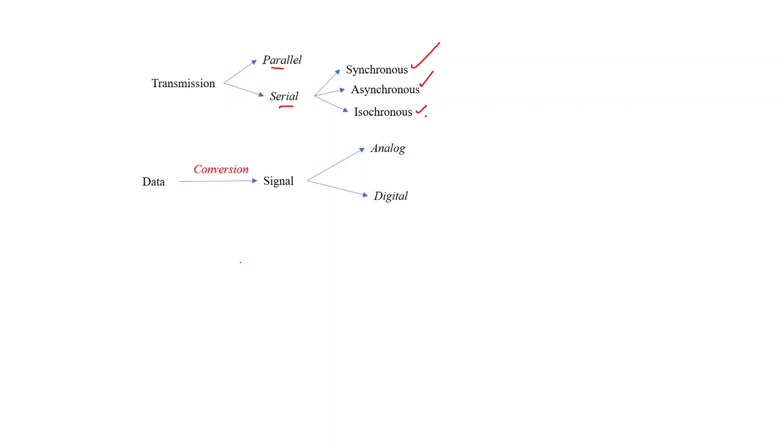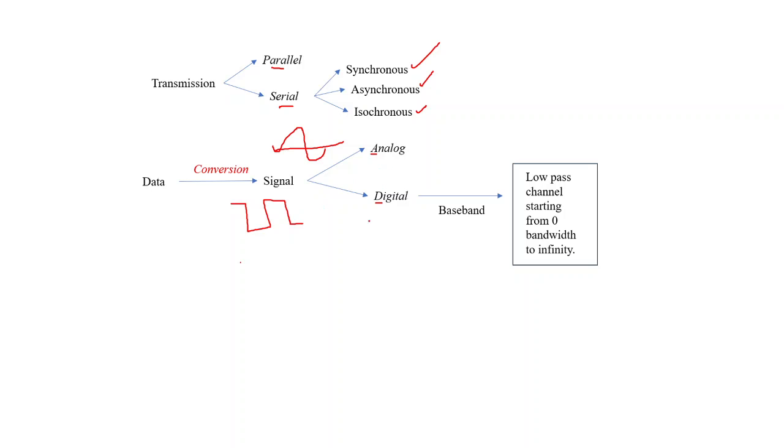And then we need to convert the data into signal. Now the signal can be of two types: the analog signal and the digital signal. So an analog signal is like a continuous signal, you might say, like the sine curve. And a digital signal contains only discrete values, and the digital signal looks somewhat like this. Now, in order for a digital signal to actually pass through a physical media or a communication channel, that kind of communication is baseband communication.